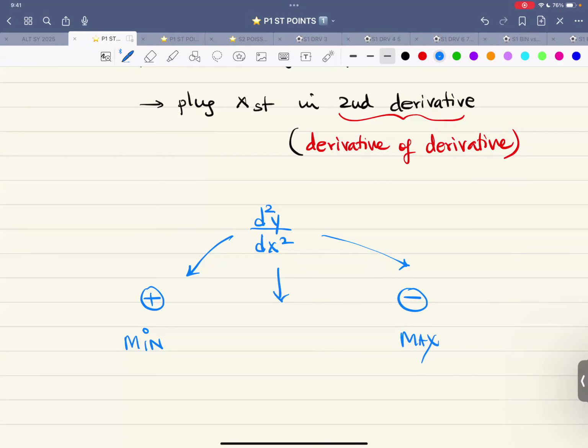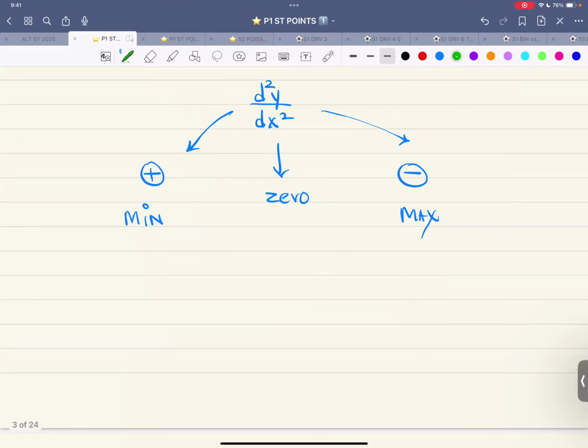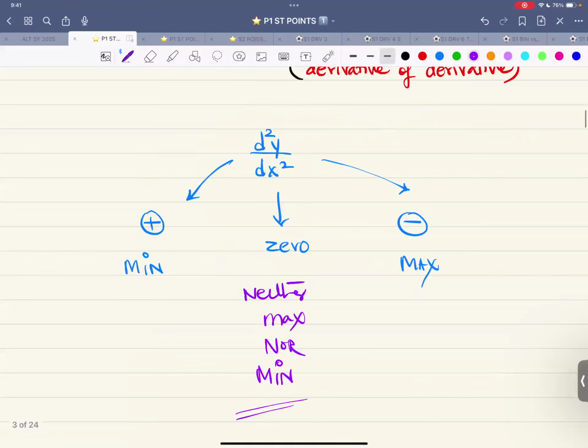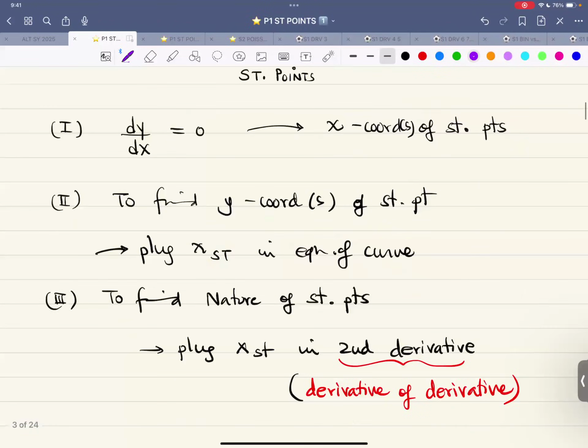And if this derivative is 0, we would say it's neither maximum nor minimum. And we will also do an example which would illustrate this fact. So now, why don't you take a screenshot of this? Of course, you will be copying it later. First, take a screenshot because that is exactly what we are doing.